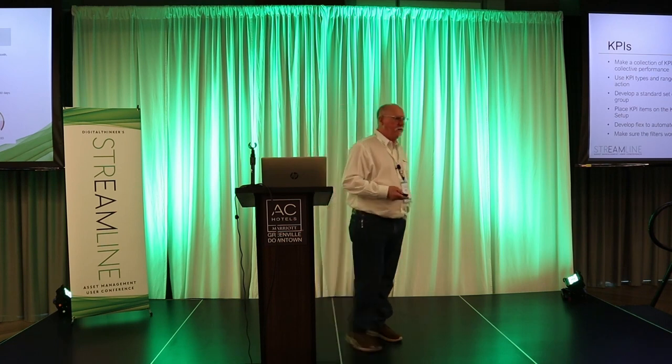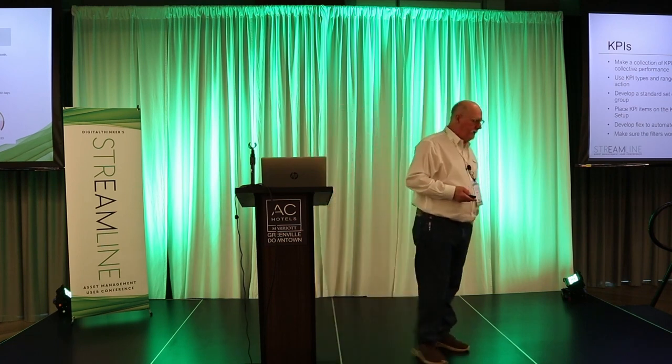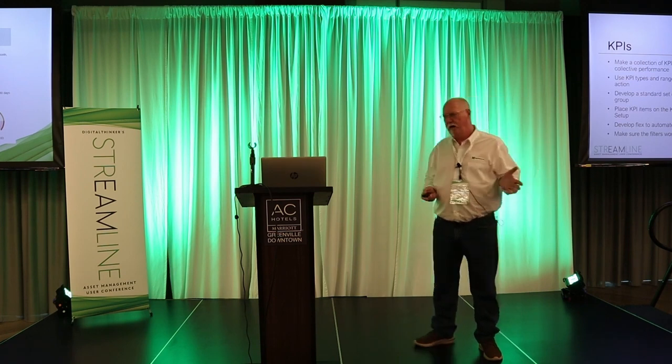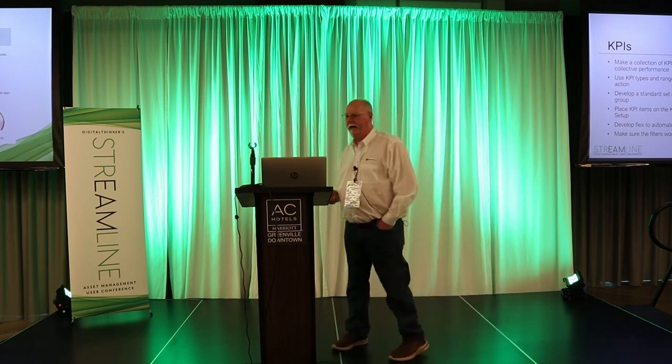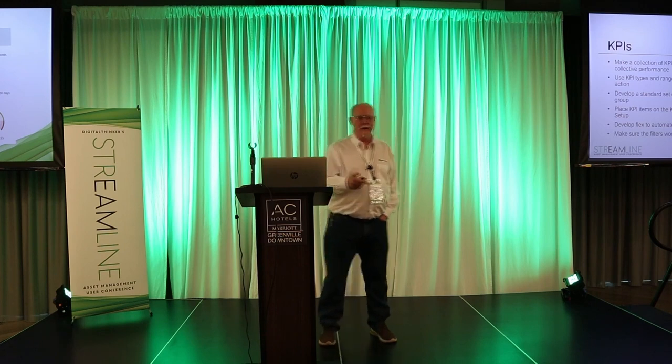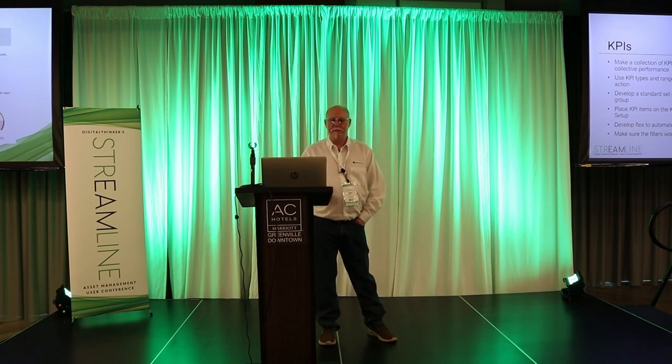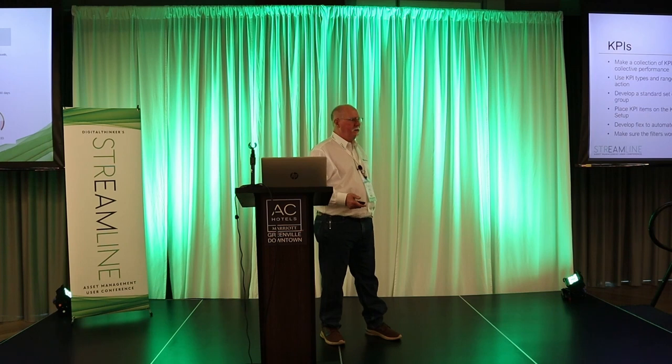Now, KPIs are cool too. And I really like KPIs because you can have a number, you can have a tachometer, you can have a sliding bar. Make a collection of KPIs that show collective performance of a group. Maybe the whole company, collective performance. Use KPI types and ranges to guide user action.